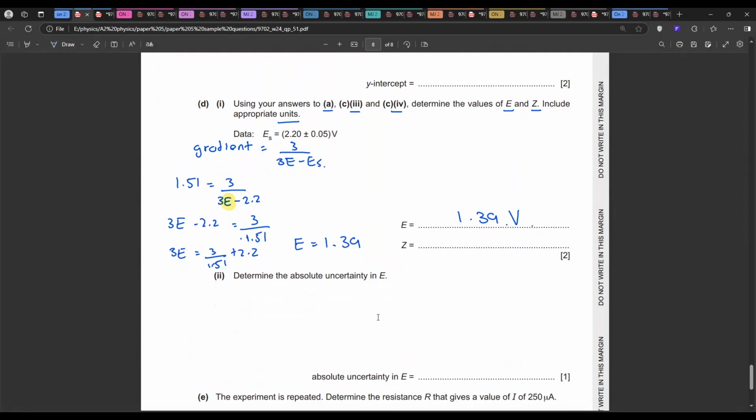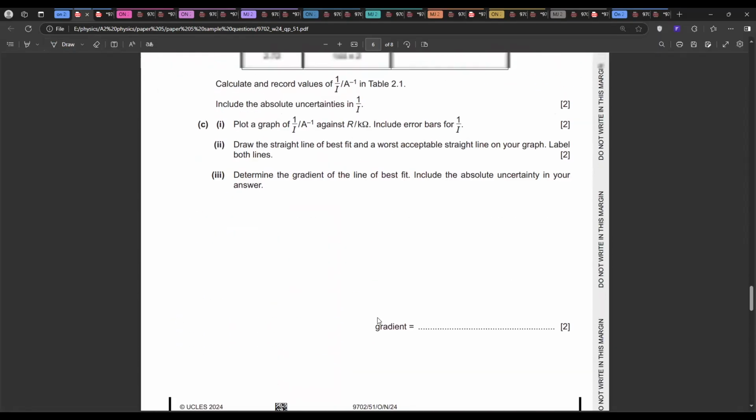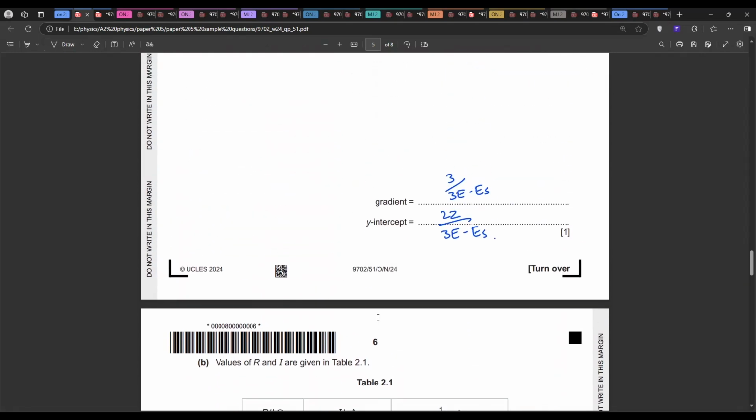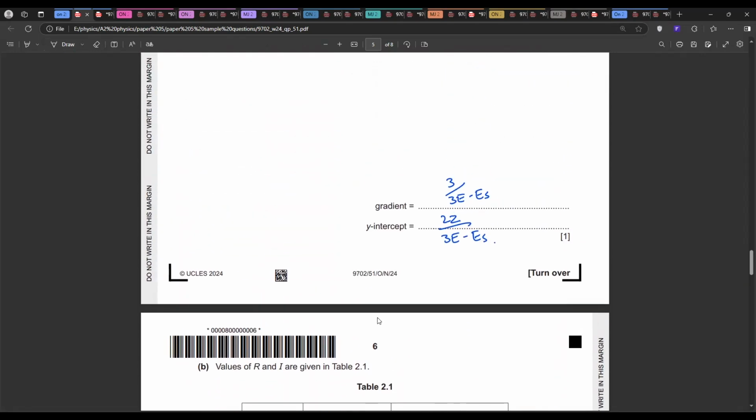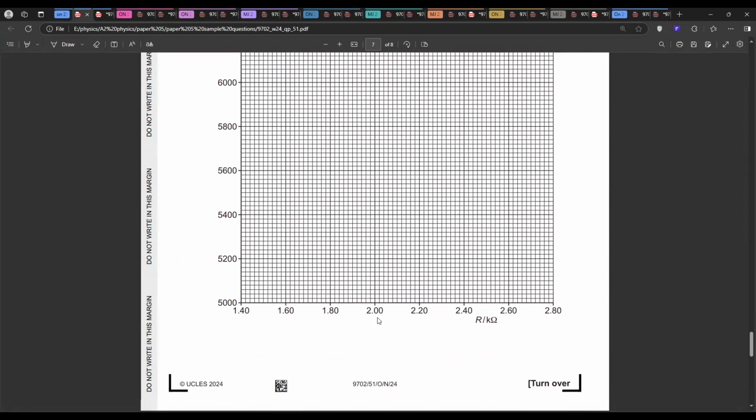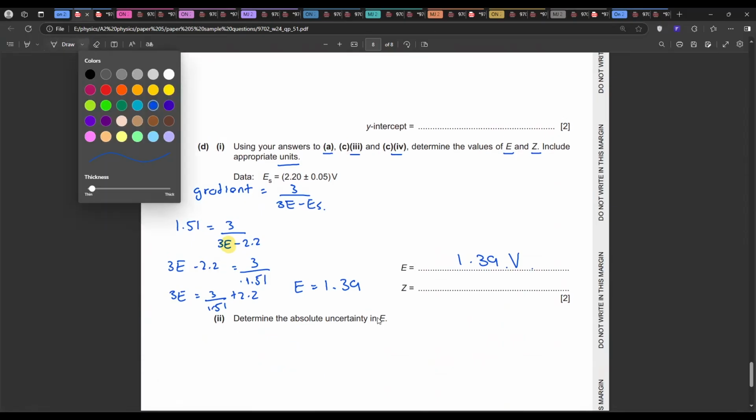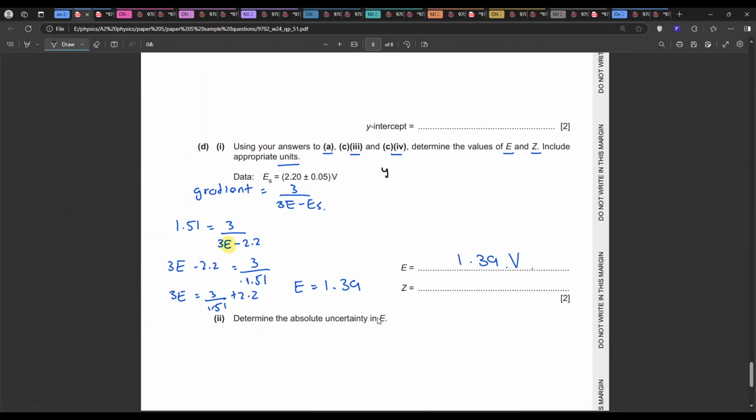We know that the y-intercept was equal to 2Z divided by 3E minus Es. So let's write it here. The y-intercept was equal to 2Z divided by 3E minus Es. What was the y-intercept equal to?